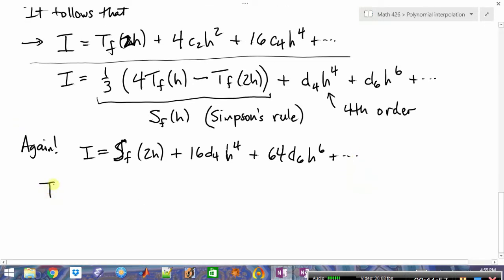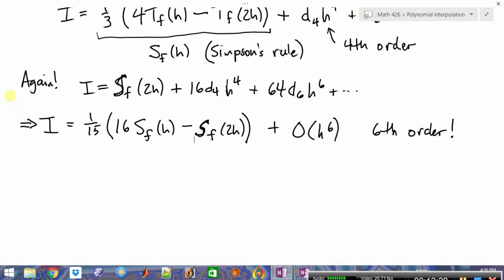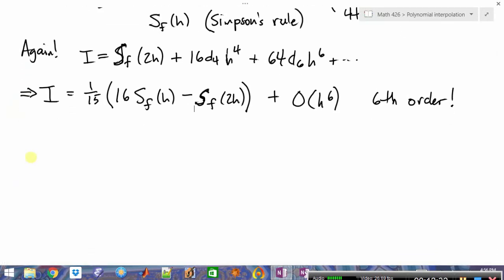So the result is 1/15 of 16 times the Simpson approximation at h minus the Simpson approximation for 2h, and then the next term is 6th order. In principle, I can just keep going forever. In practice, round off and instability might catch up with me. But you really can get much, much better estimates out of it by doing this.